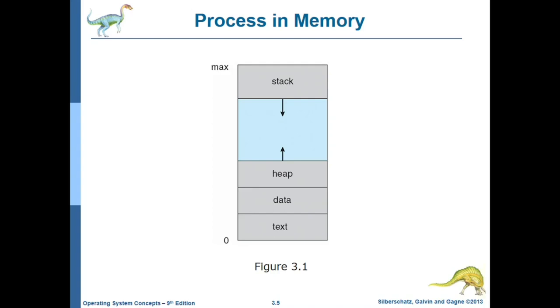The text segment is also fixed in size and does not change during the execution of the process. These segments are arranged in a linear address space that starts from 0 and goes up to the maximum address. The operating system is responsible for managing the memory allocation and protection of each process.